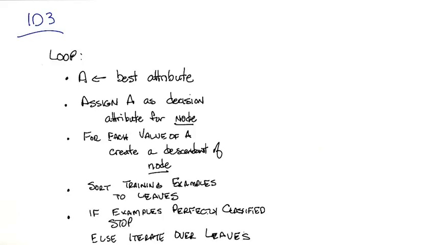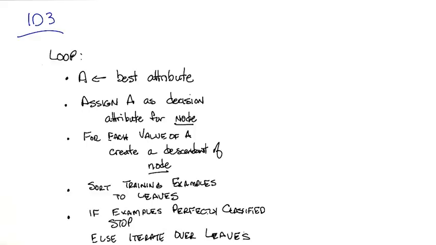Then for each value that the attribute A can take on, create a descendant of node, sort the training examples to those leaves based upon exactly what values they take on. And if you've perfectly classified your training set, then you stop. Otherwise, you iterate over each of those leaves, picking the best attribute in turn for the training examples that were sorted into that leaf, and you keep doing that, building up the tree until you're done.